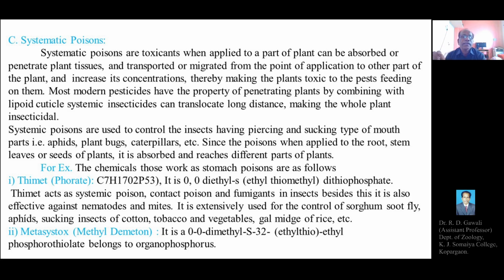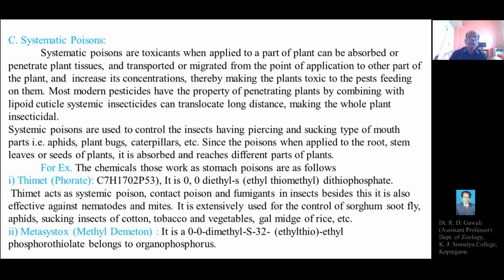So thimet acts as a systemic poison, contact poison and fumigant in insects. Besides this, it is also effective against nematodes and mites.